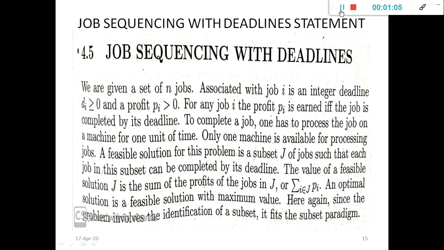To complete a job, one has to process the job on a machine for 1 unit of time. Also, only one machine is available for processing all the given jobs. A feasible solution for this problem is a subset J of jobs such that each job in this subset can be completed by its deadline.